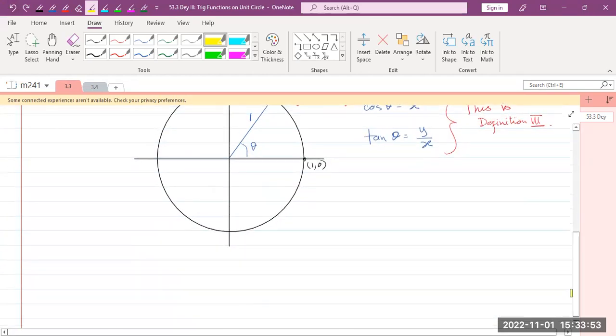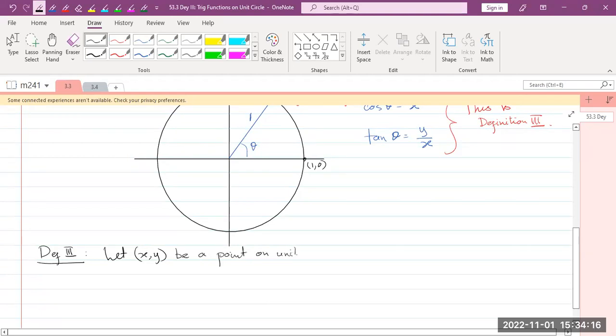Now, if I write it in another way, let's call that definition 3. Let x comma y be a point on the unit circle. We take theta as the central angle.